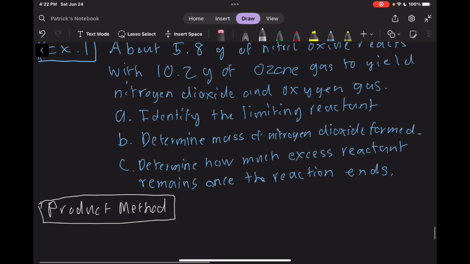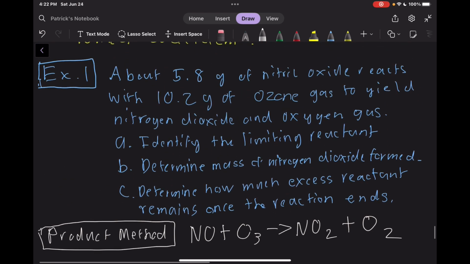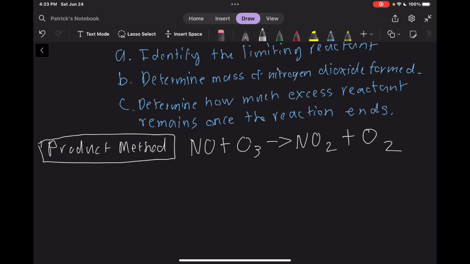If we draw on our knowledge of chemical nomenclature, we'll end up with a chemical equation that looks like this. This equation is already balanced, so we don't need to do anything with it. Instead, we can jump right into the product method.